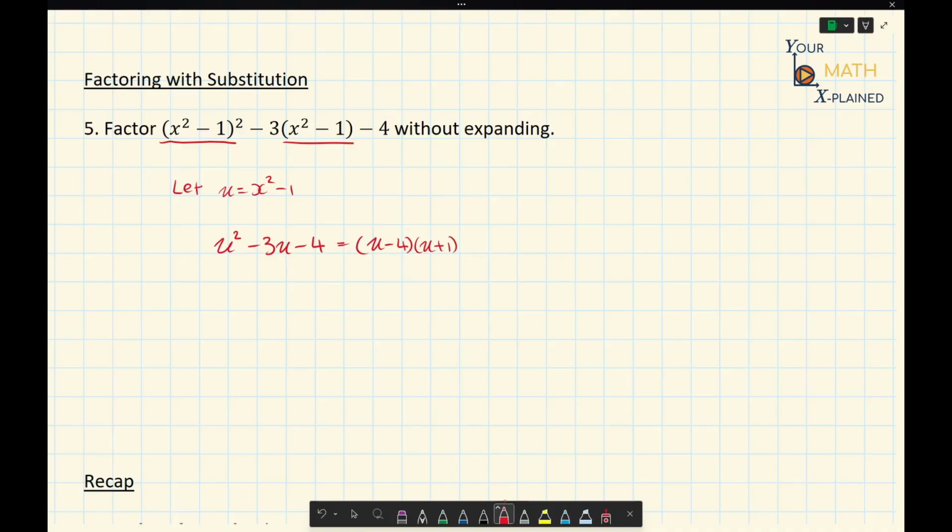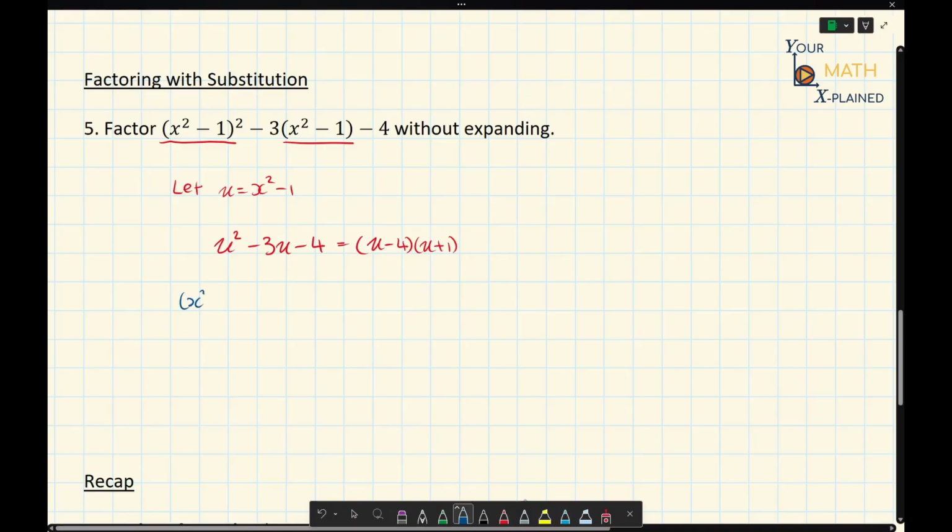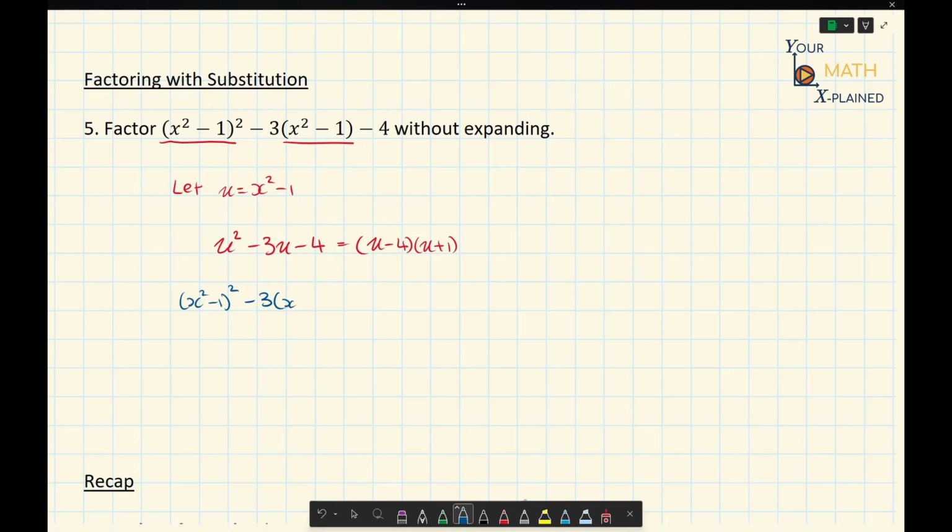But you can't stop here. Because you did the substitution for u equal to x squared minus 1, you have to make the substitution back. So that means we get x squared minus 1 squared minus 3 times x squared minus 1 minus 4 is going to be equal to u minus 4, so that's going to be x squared minus 1 minus 4, times u plus 1, so that'll be x squared minus 1 plus 1.